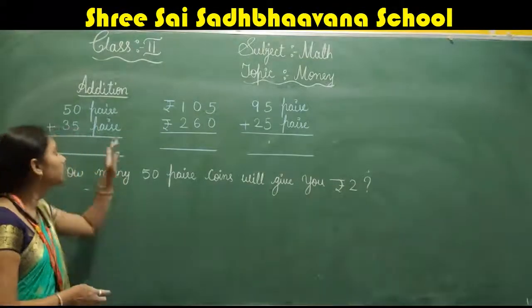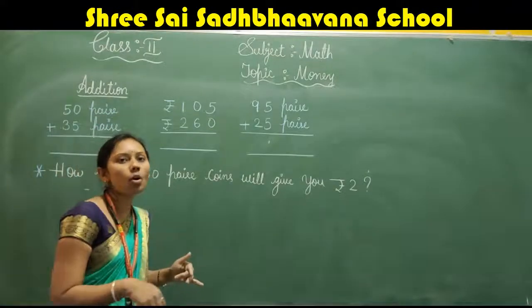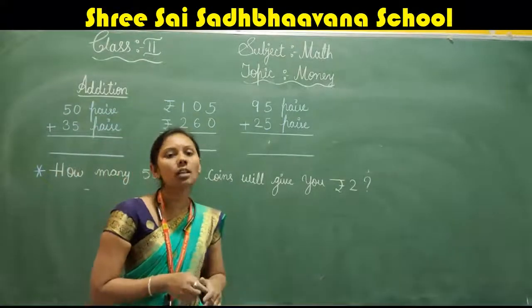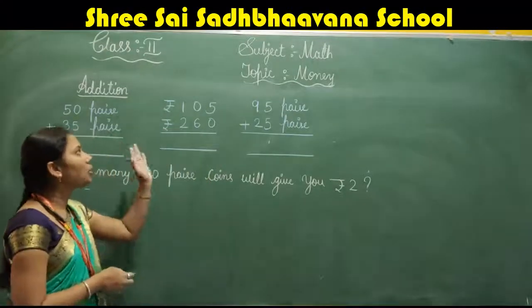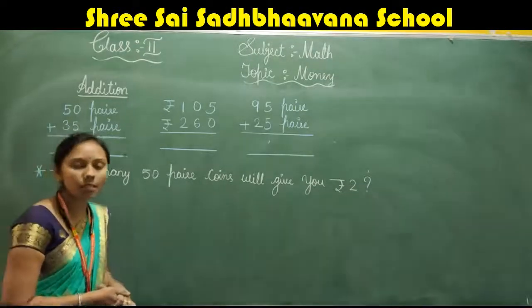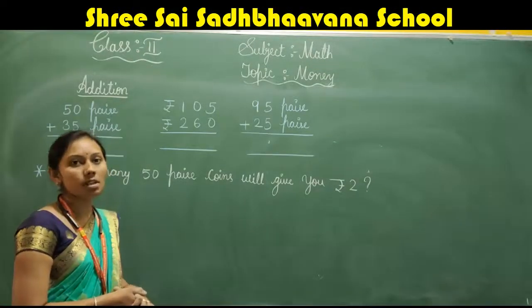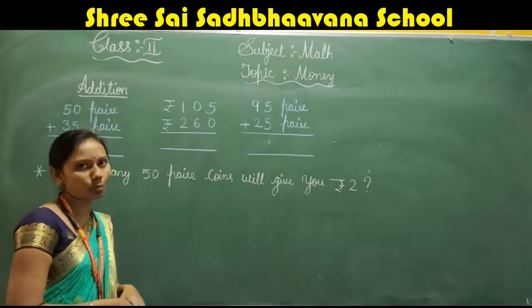When you add paise and paise, the sum you get is in the form of paise. Next, when you add rupees and rupees, the sum you get will be in the form of rupees.